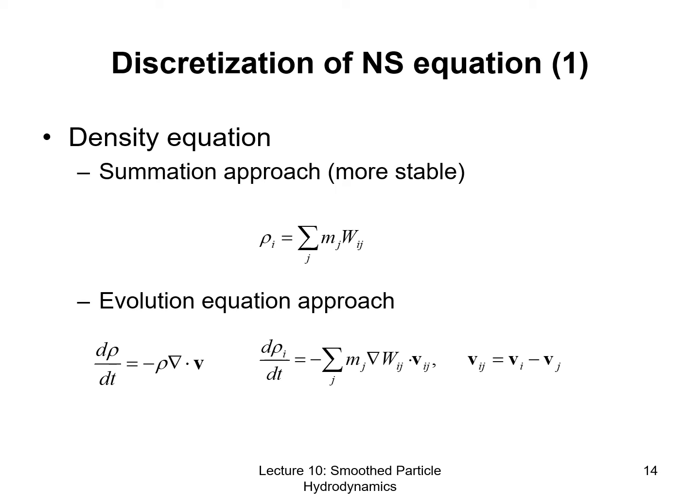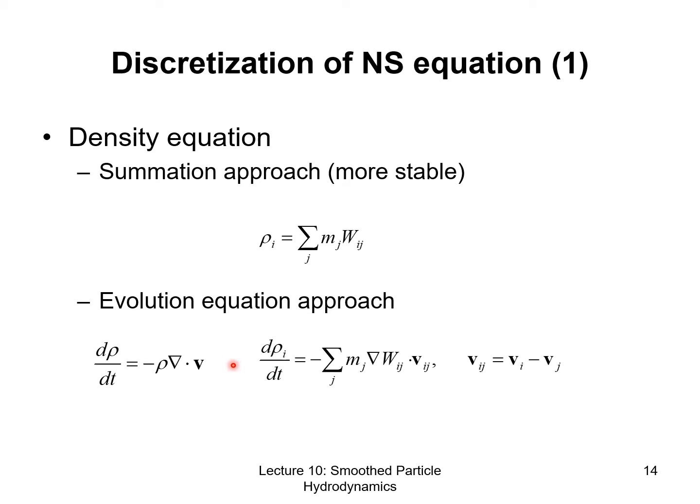Now we can use the discretized operators to approximate the Navier-Stokes equation. The first one is the density equation. As we showed before, in SPH we can approximate density by this summation. There is still another way: if we write the density evolution equation in Lagrangian coordinates, we can discretize rho times the divergence of velocity, and so discretize the evolution of density.